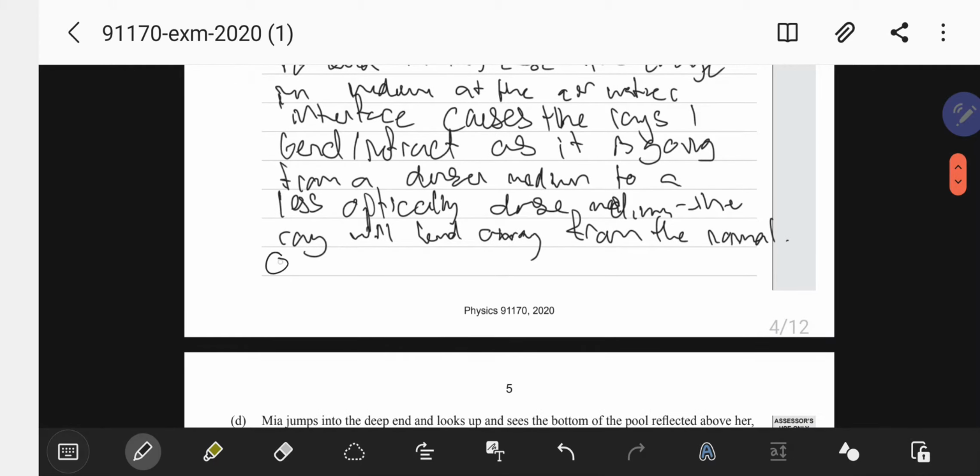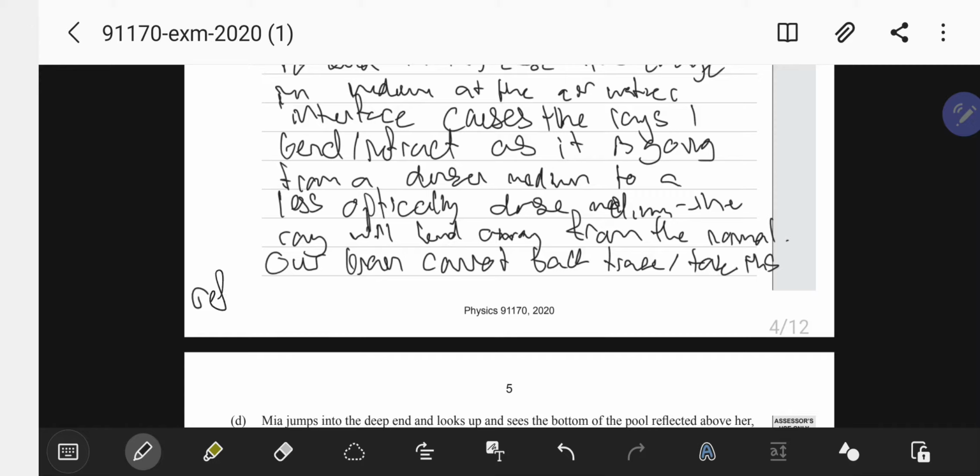Our brain cannot backtrace or take this refraction into account. I don't really know if that makes sense, but oh well. Cannot take this refraction into account.